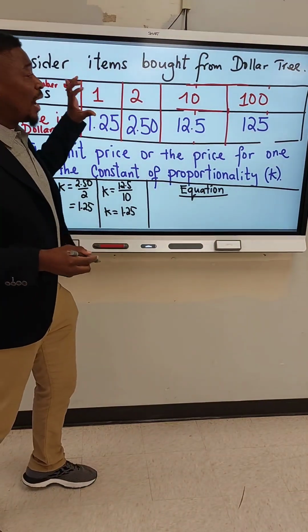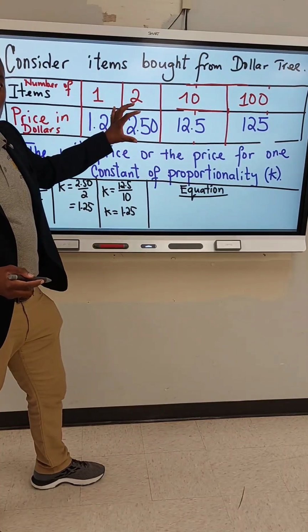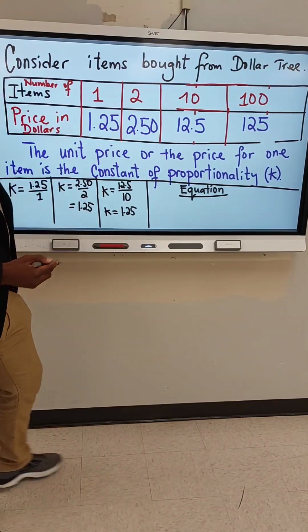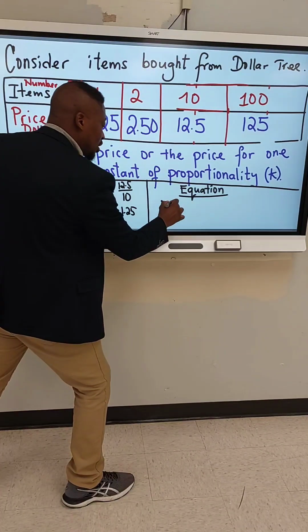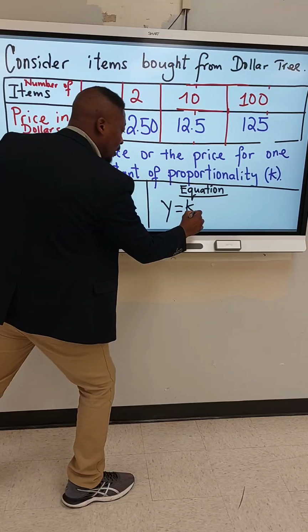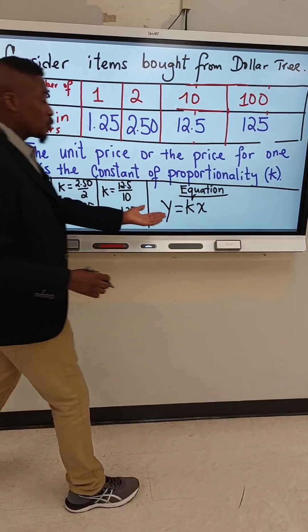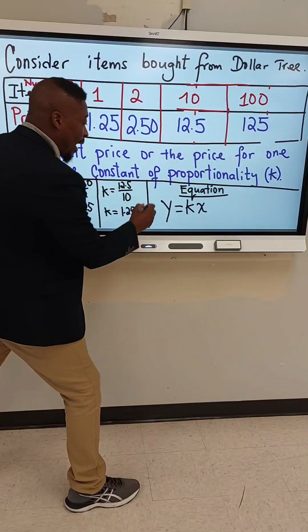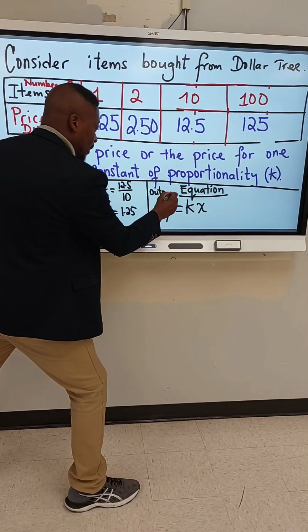Now, can we write an equation that can be used to model this proportional relationship? Yes. Okay? So all proportional relationships have an equation that looks like this: y = kx. This y represents the y-axis, and the y-axis takes the output values.